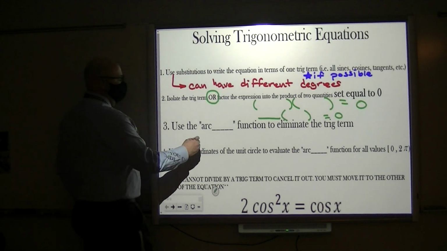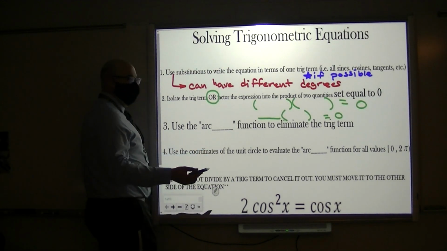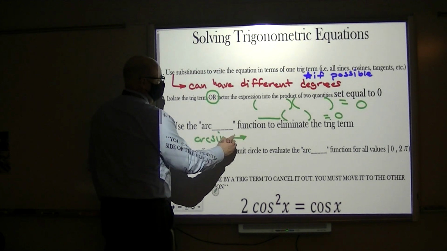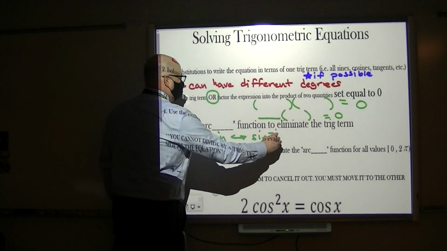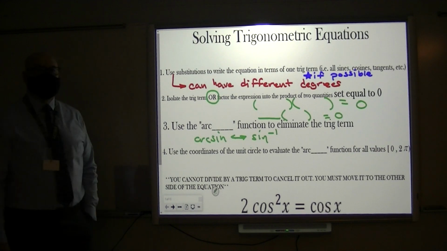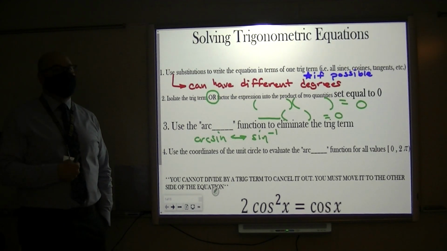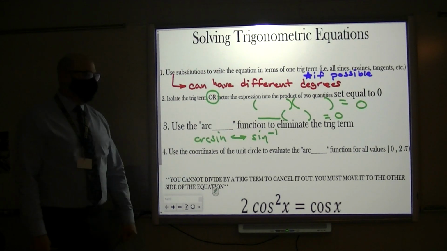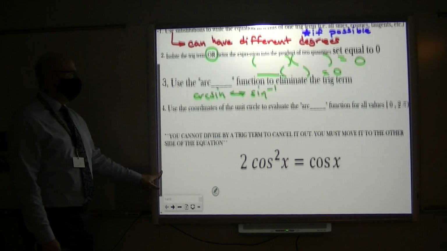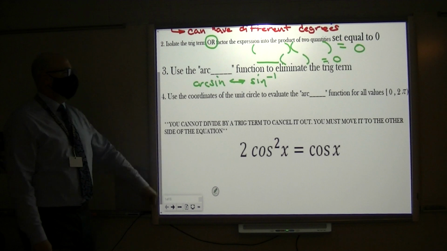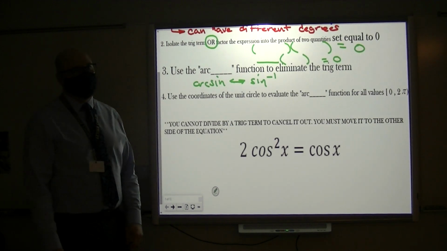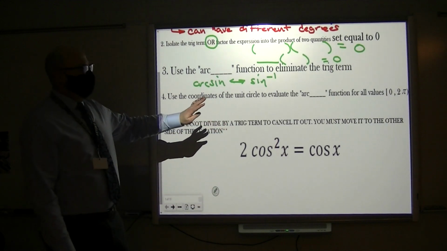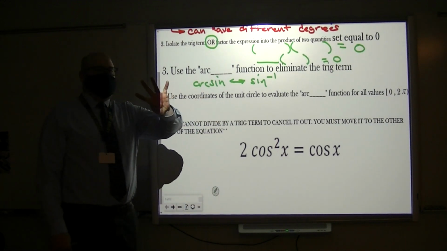Arc functions are the same as inverse functions, so arc sine can be replaced with inverse sine. But many of the problems that we're going to do here in class can be done using the unit circle and our arc sine, arc cosine, arc tangent functions. And then we use the coordinates of the unit circle to evaluate the arc function. So that's the 4 ideas there.